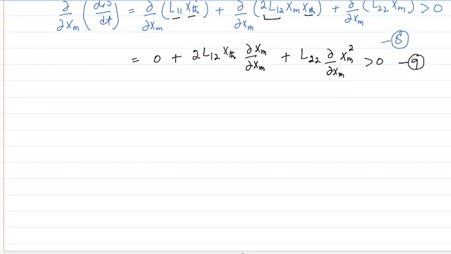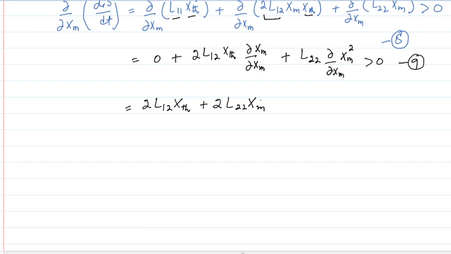So it is easy now to solve this. So it will be 2 times L12 xth plus, it will be x raised power n, so it will be 2 times L22 and x raised power 2 minus 1, that will be simply equal to xm.